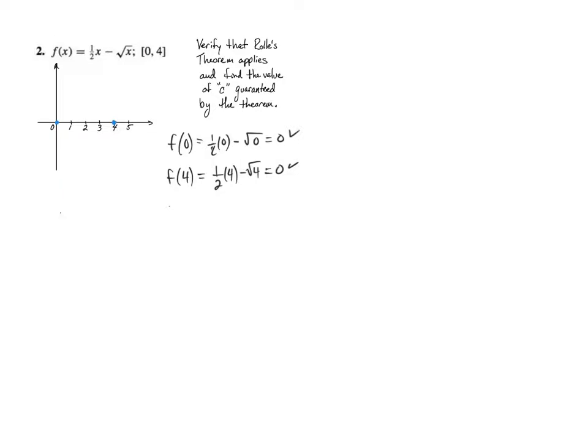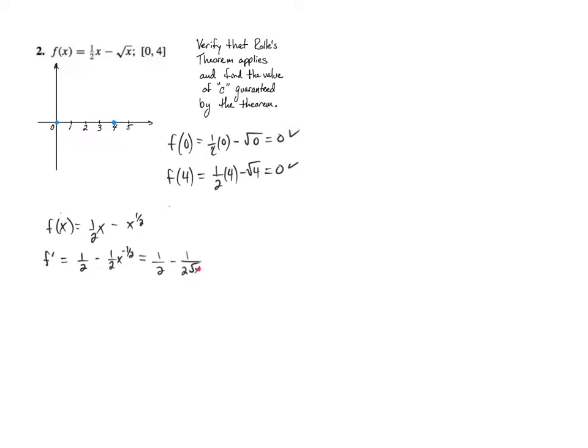So f of x, we're going to just rewrite it as 1/2 of x minus x to the 1/2. So f prime is 1/2 minus 1/2 x to the negative 1/2, which of course means 1/2 minus 1 over 2 root of x.